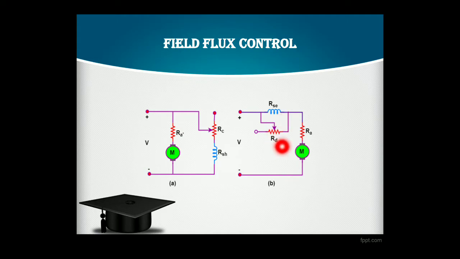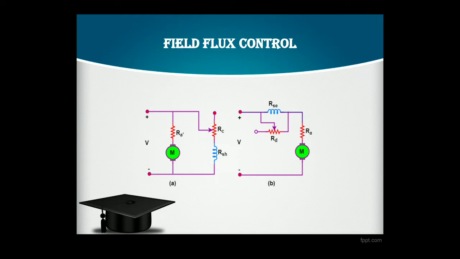If we reduce the value of Rd, then the maximum current will flow through the Rd resistance, and the minimum current will flow through the series field winding. The two currents, the series field winding current and the Rd resistance current, meet at that node. So the total current supplied to the armature of the DC motor cannot be changed. That is the field flux control method of series motor.